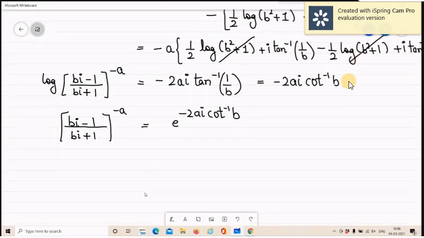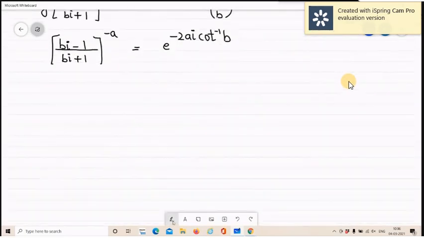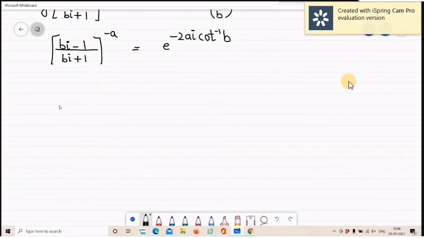Now because of this, I will take the left hand side of my sum. What is the left hand side of my sum? My left hand side is 2ai cot inverse of b into (bi minus 1) upon (bi plus 1) raised to minus a.